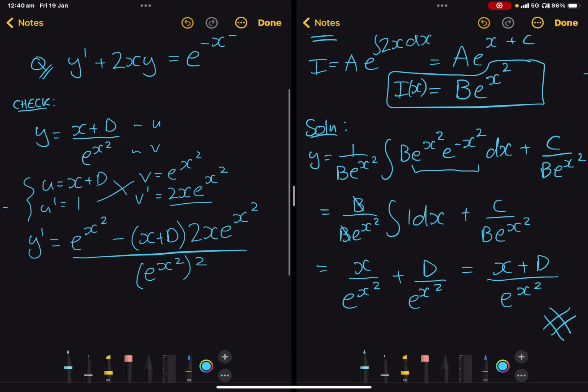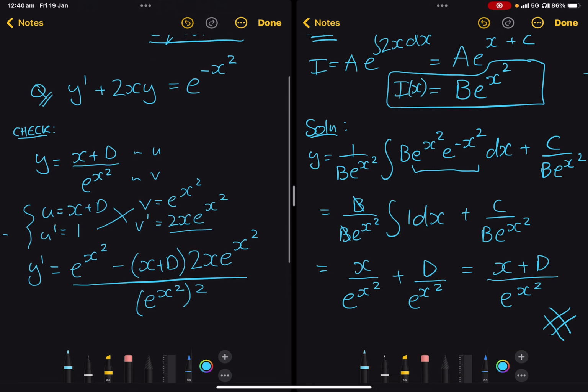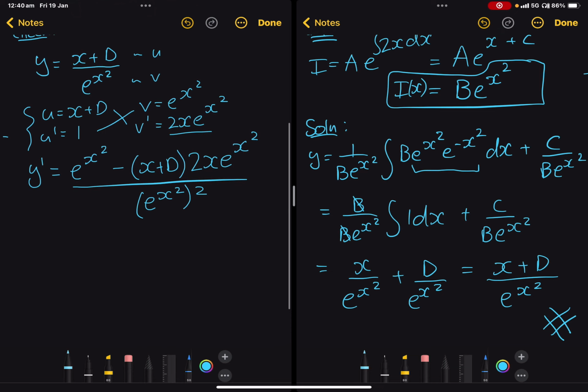Now this plus 2 times xy is apparently equal to e to the minus x squared. So we have this. Can we simplify anything here? We can factor an e to the x squared out of the top and cancel it with one from the bottom. So this becomes a 1, this squared cancels.